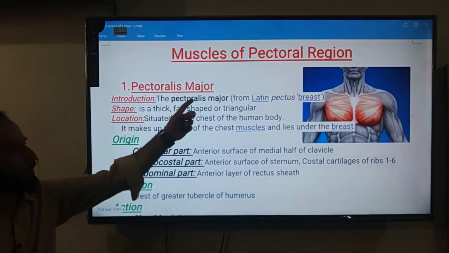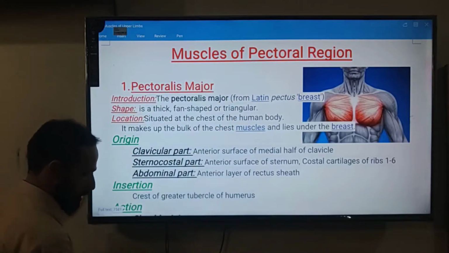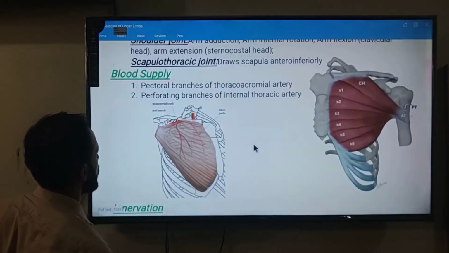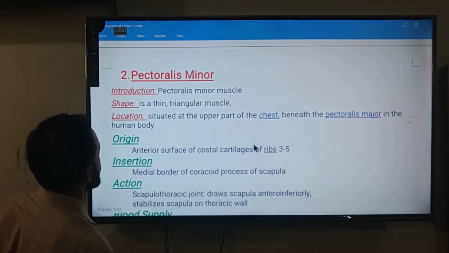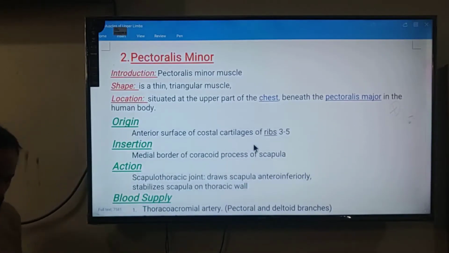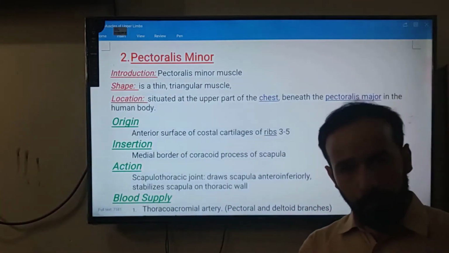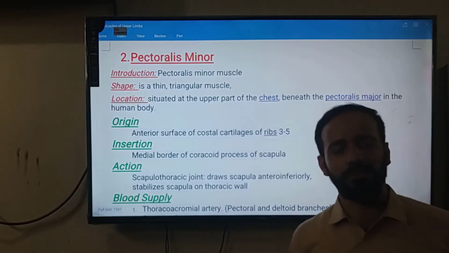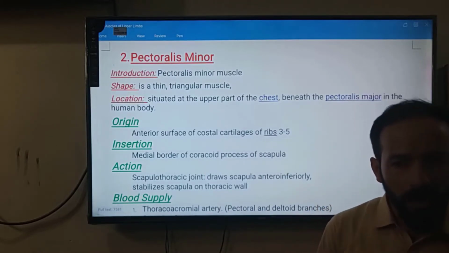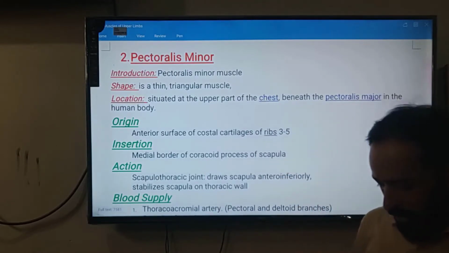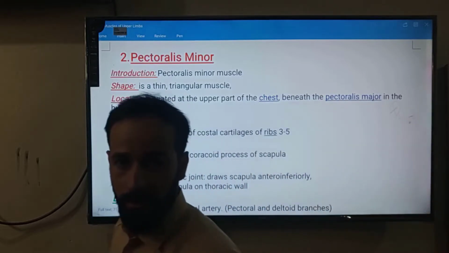The first muscle was the pectoralis major muscle, and I hope you have watched that lecture and learned something from it. Now there is the second muscle in your pectoral region, that is the pectoralis minor muscle. Beneath the pectoralis major muscle there is a very small pectoral muscle called the pectoralis minor muscle.